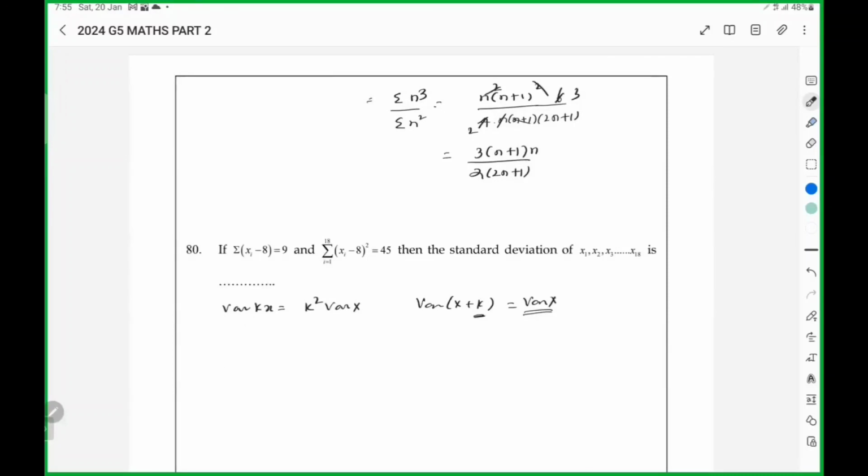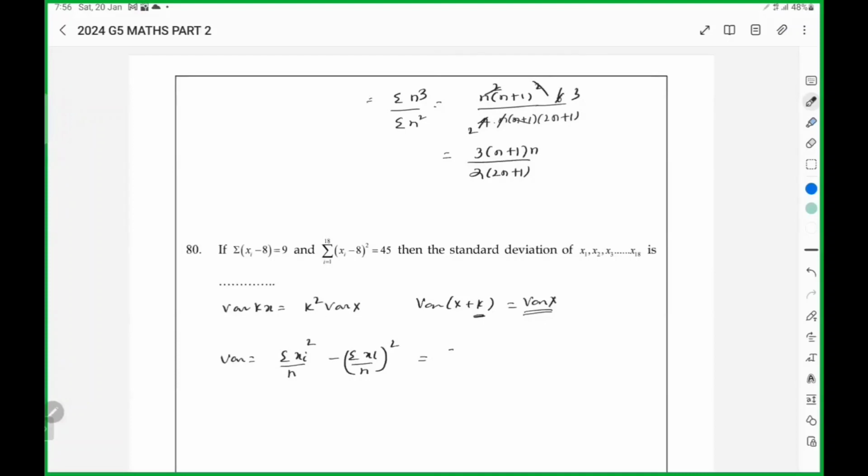So here, variance formula is sigma xi square by n minus sigma xi by n whole square, which is the same as the one with di.